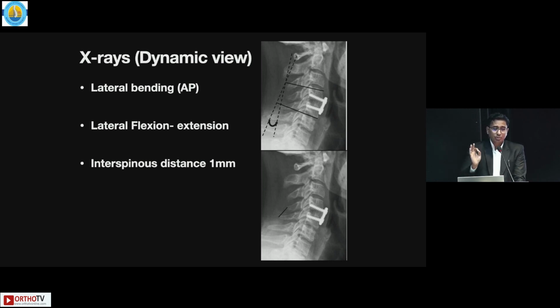Dynamic views, how many of us really take a dynamic view in a post-operative patient? I want you to raise your hand and tell me, in a post-operative patient after 3 months, what criteria do you consider for each and every patient? What time do you decide? Great.